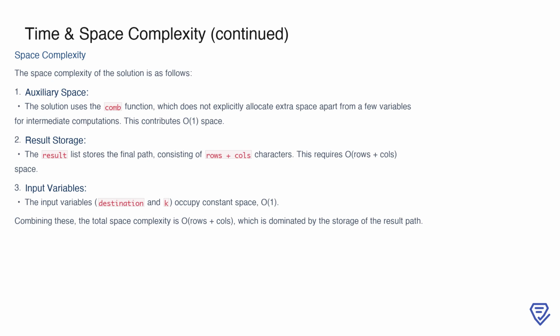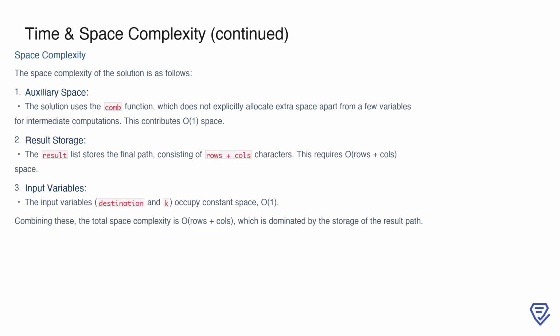Now let's discuss the space complexity. The solution uses very minimal additional memory during its execution. First, the comb function does not require significant auxiliary space. It only uses a few variables for intermediate computations, so its space contribution is O(1). Next, we have the result list, which stores the final path as a sequence of rows + cols characters.